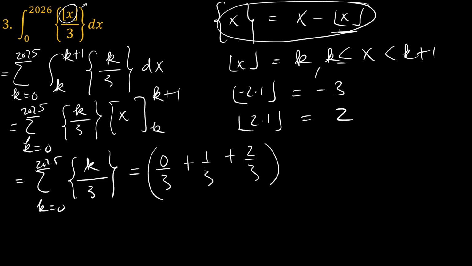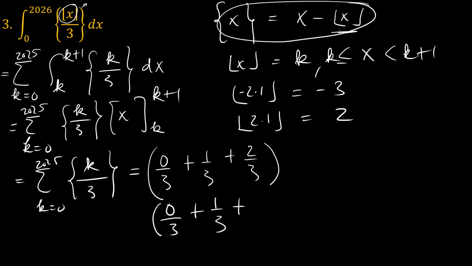As soon as k equals 3, it's 3 over 3, whose fractional part is 0. When k equals 4, the fractional part is 1 over 3, because we have 3 over 3 plus 1 over 3.